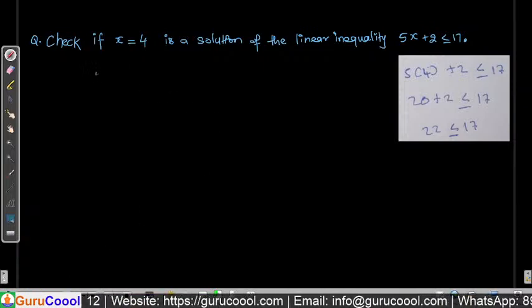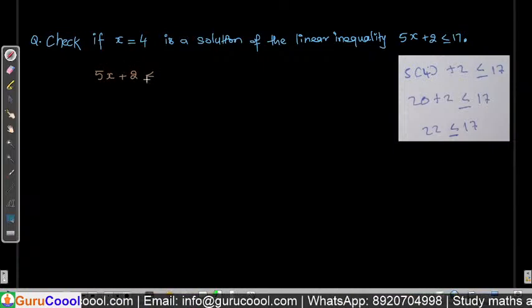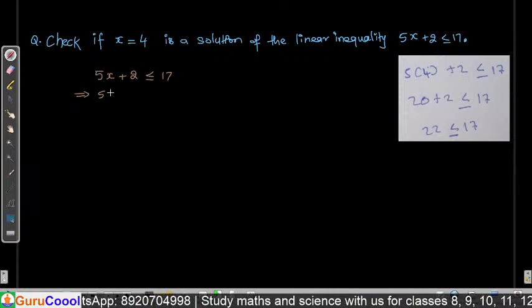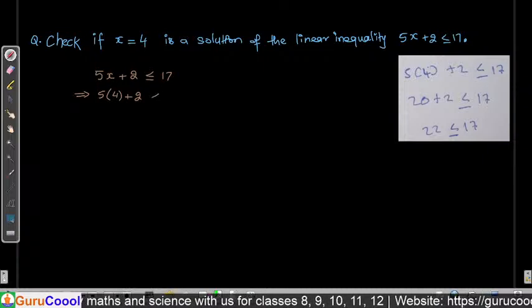I will write the inequality: 5x plus 2 lesser than or equal to 17. Then I will substitute the x value: 5 times 4, and then plus 2 lesser than or equal to 17.